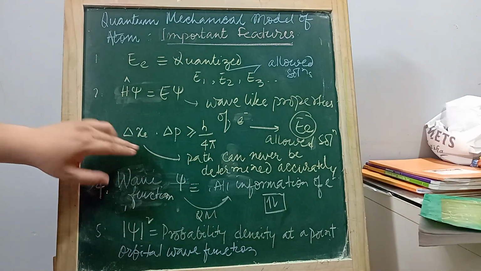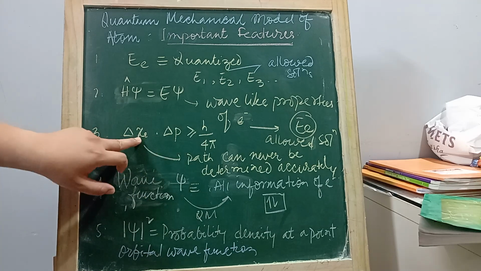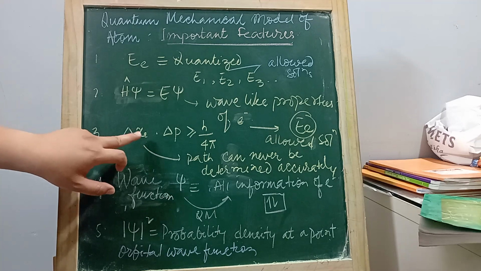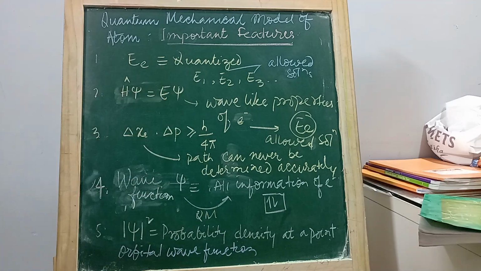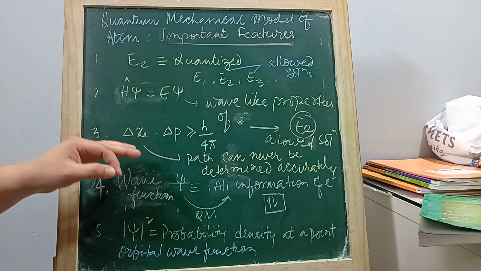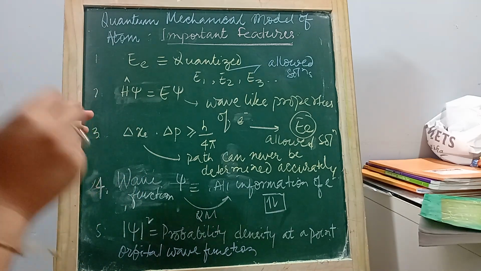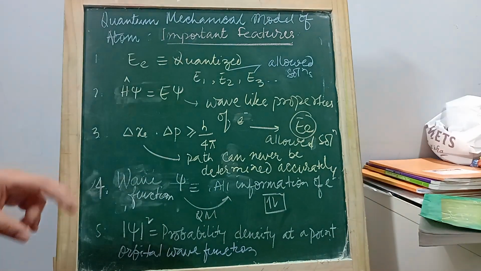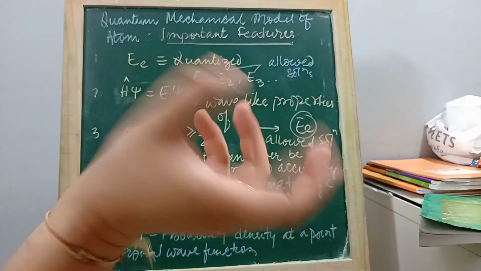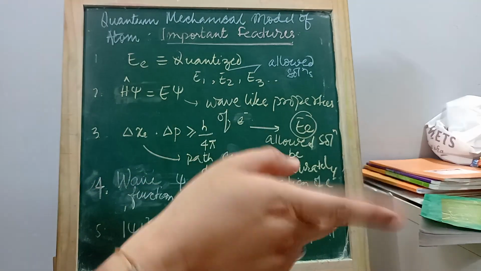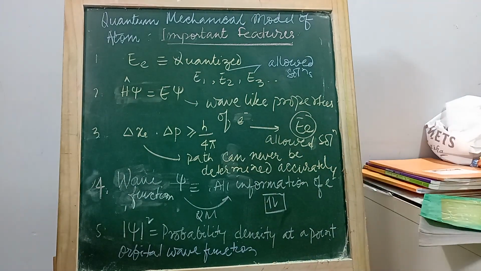So what does it mean? If one value is more, the other will be less. If there is less uncertainty in position, there will be more uncertainty in momentum. The more you try to find the position of an electron accurately, the more error or uncertainty there will be in its momentum or velocity, because momentum is the product of mass and velocity.